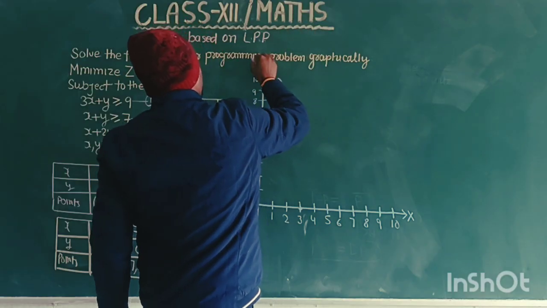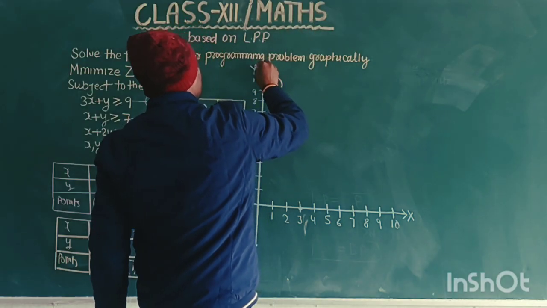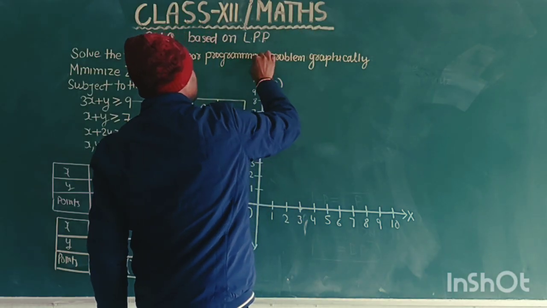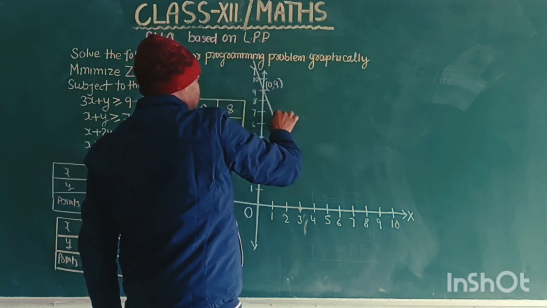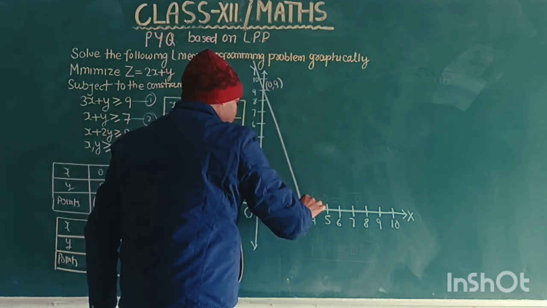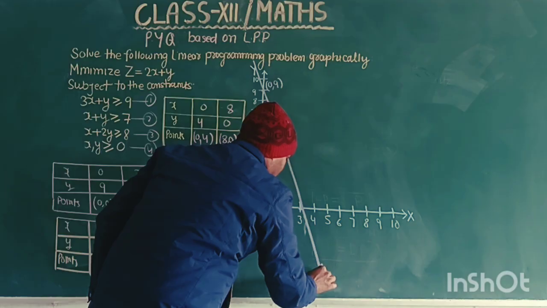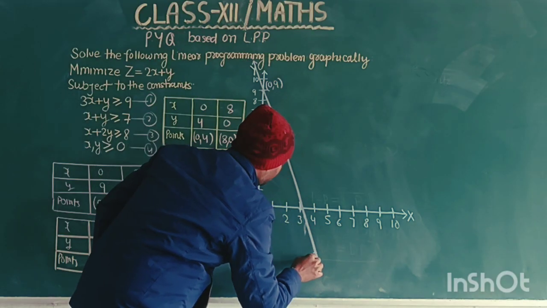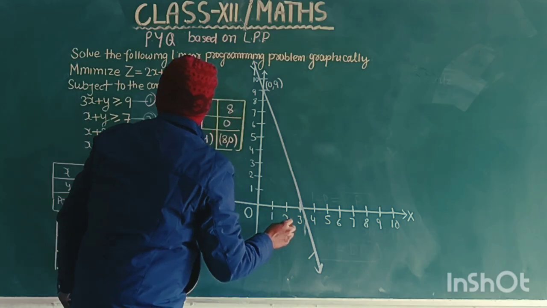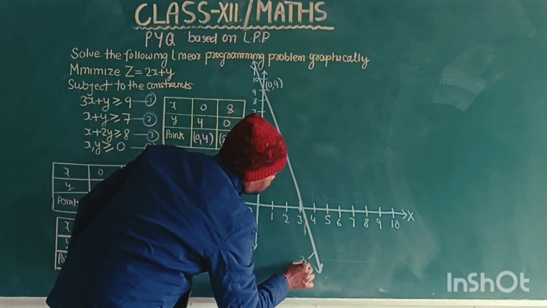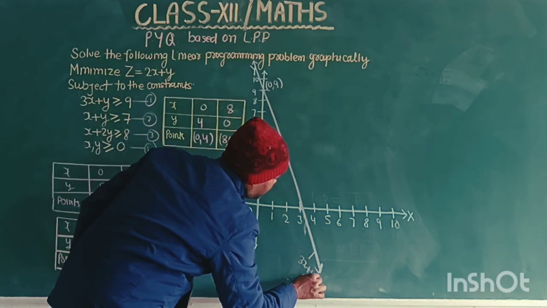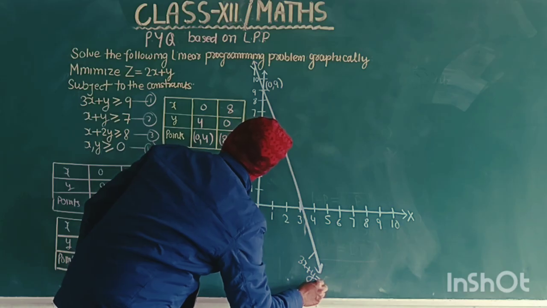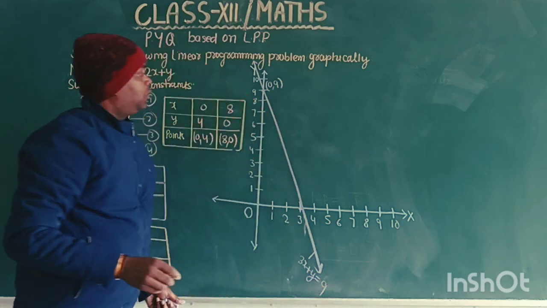Now draw a straight line which contains these 2 points. This is the line of the equation 3x plus y equal to 9.